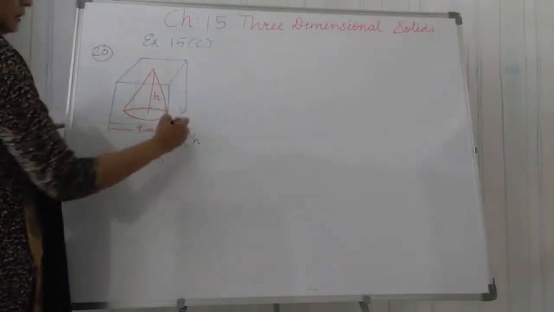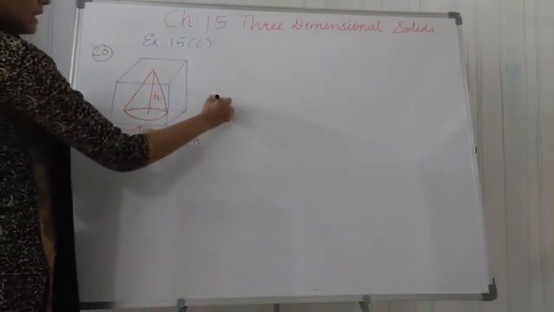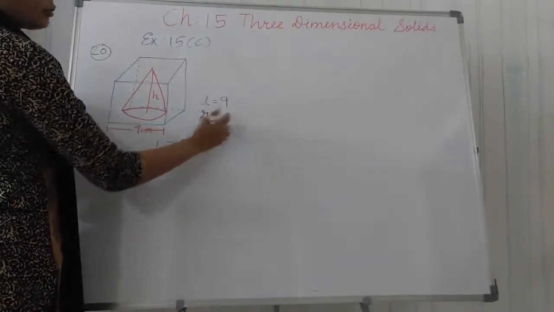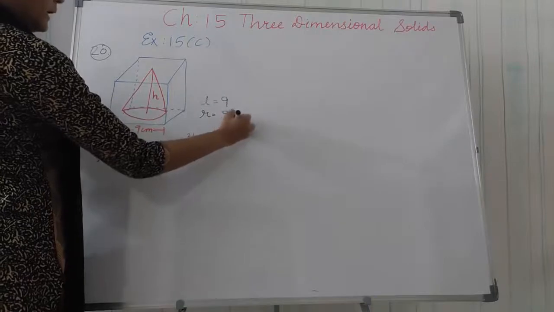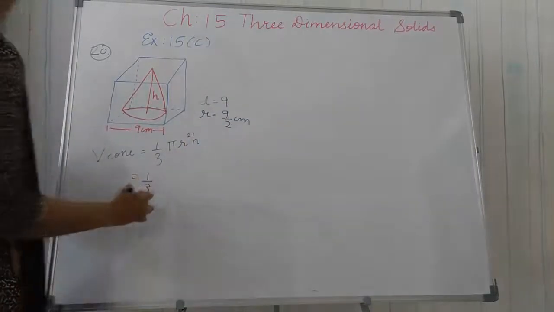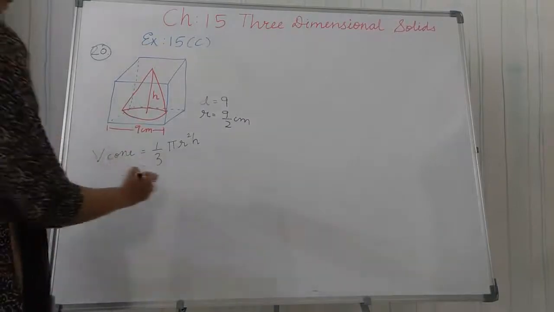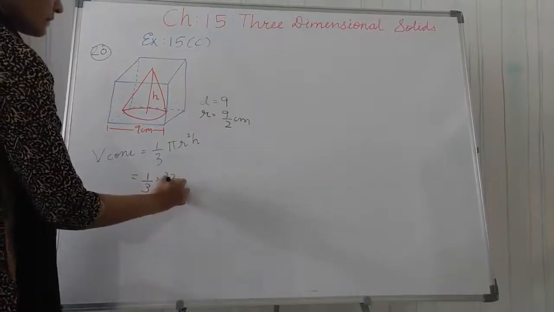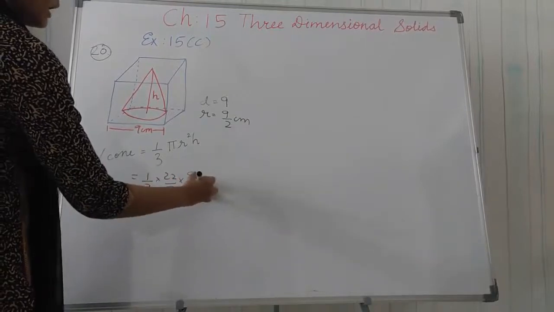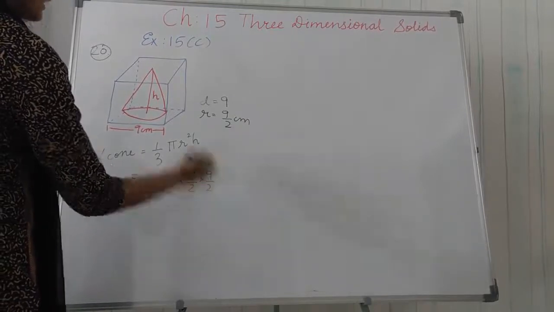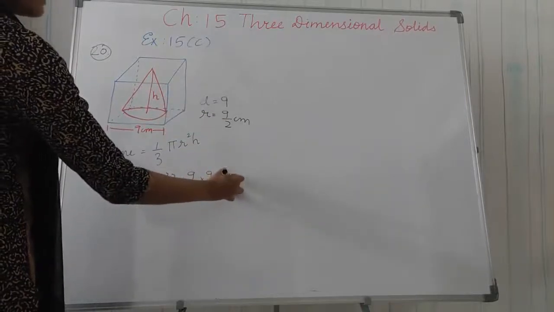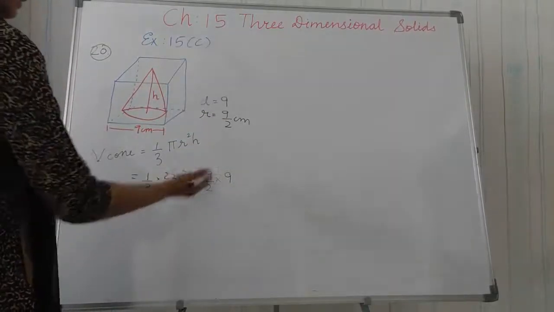So diameter is 9, so radius is equal to 9 by 2 or 4.5, whatever you want you can write. So directly substitute the value here. Pi value not specified, so writing 22 by 7, r is 9 by 2, 9 by 2, and h is the cube height, that is 9 only.